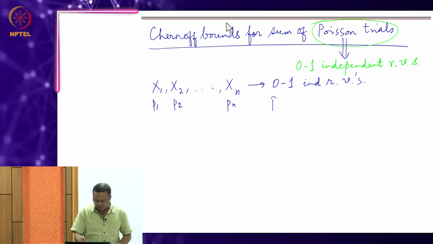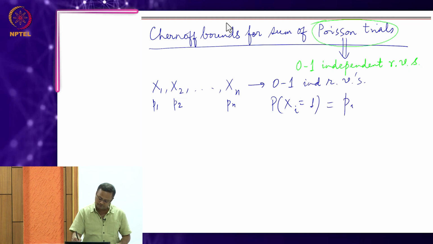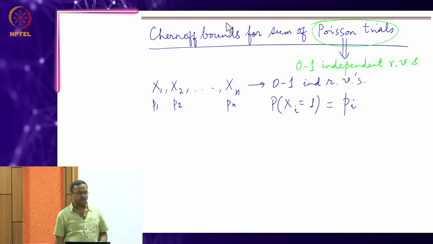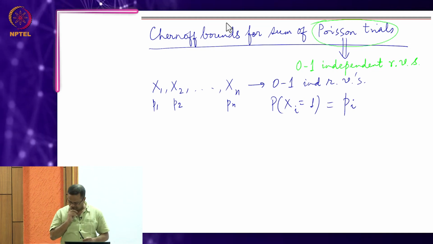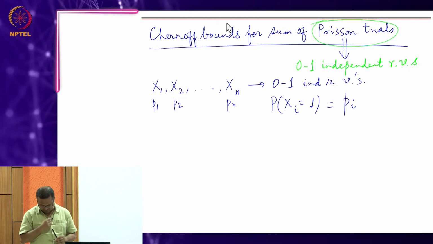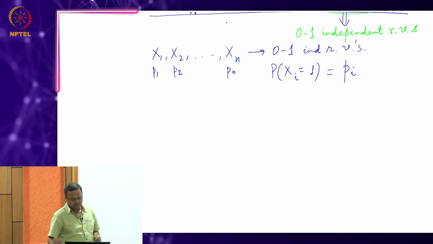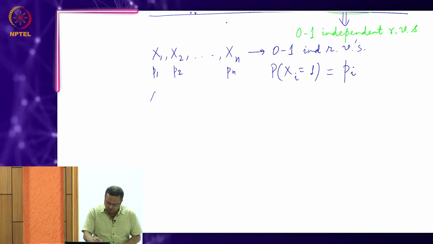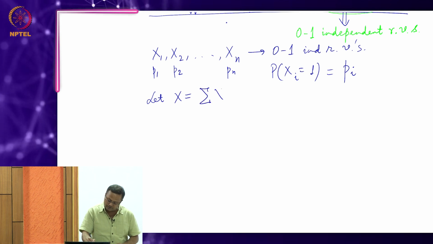So, the probability of xi equals 1 is pi. So, this probability is different. If they are the same, then we call that a Bernoulli trial. Okay. So, now I look at the sum of these Poisson trials.